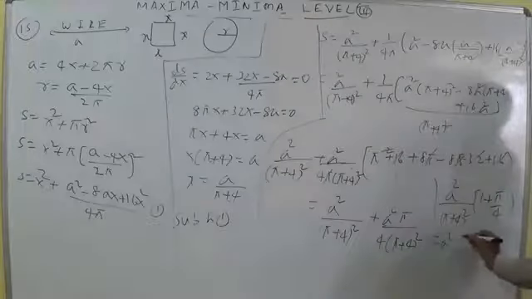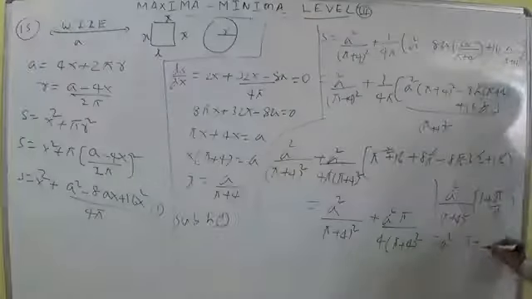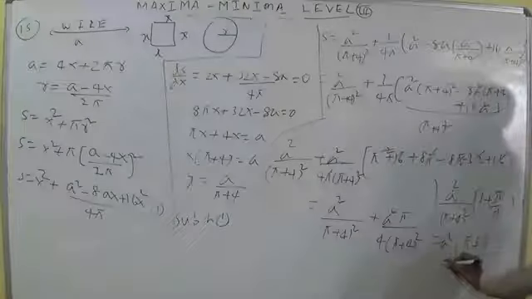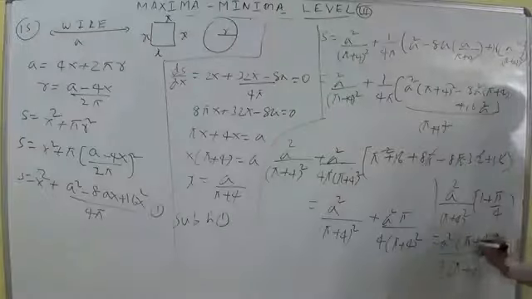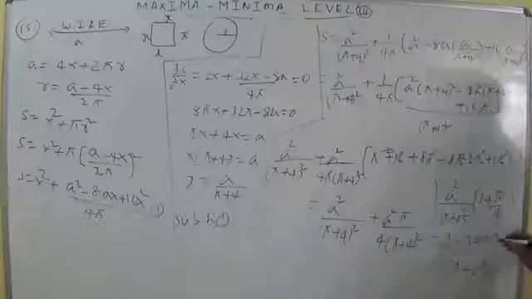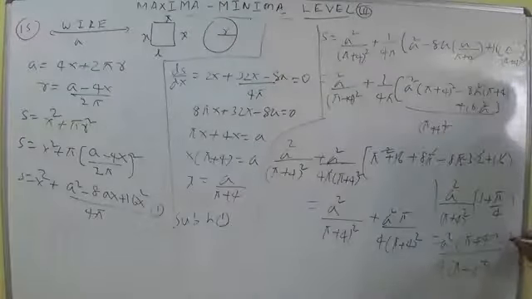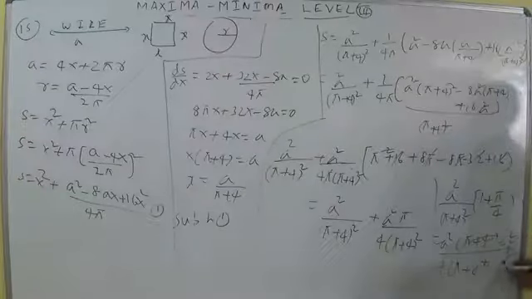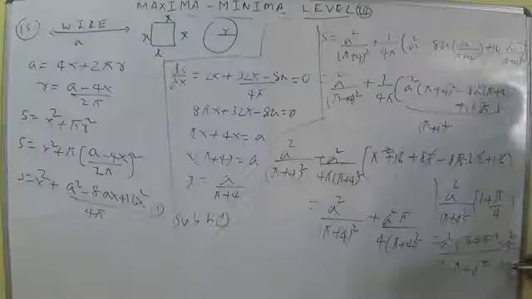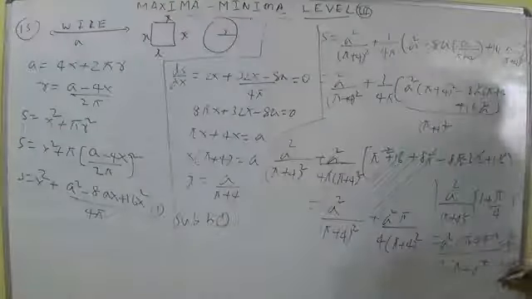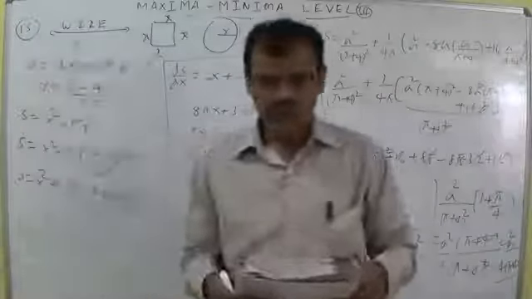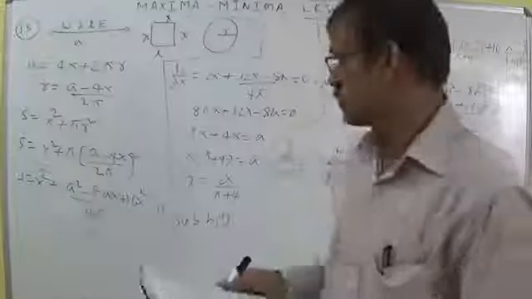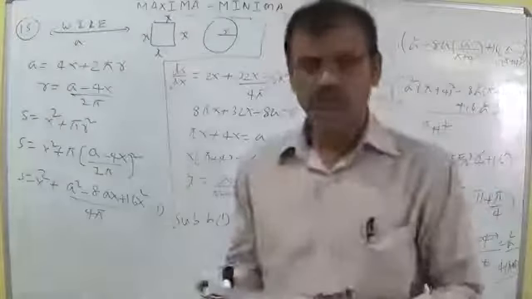Next step, a square into (pi plus 4) by 4 into (pi plus 4) whole square. Pi plus 4 got cancelled. At last we got the value, students, a square by 4 into (pi plus 4), is the answer we got, the fourth option. Okay, let us continue in the next class.